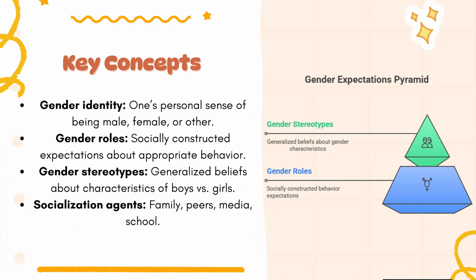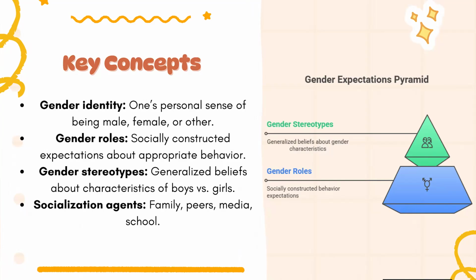Gender identity. This is a child's inner sense of who they are. It shapes how they view themselves in relation to gender. Gender roles. These are the expectations society places on boys and girls, often without questioning whether they are fair or logical. Gender stereotypes. These are oversimplified ideas.